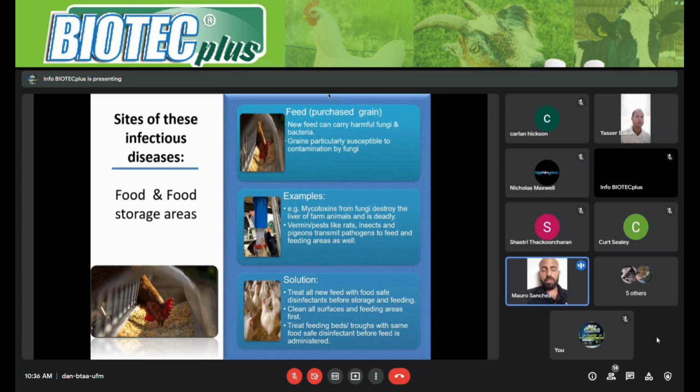In the same way as my colleague just mentioned before, we have to make sure that every time we buy grains, that we buy feed, we pay attention to how nutritious it is.